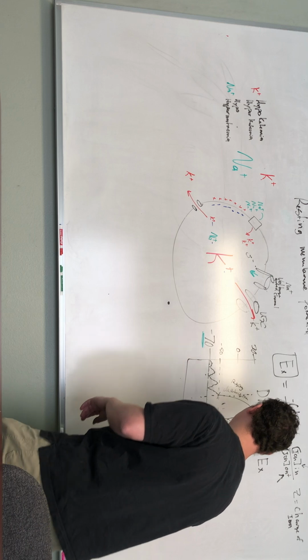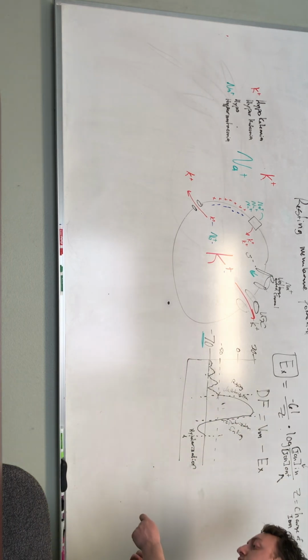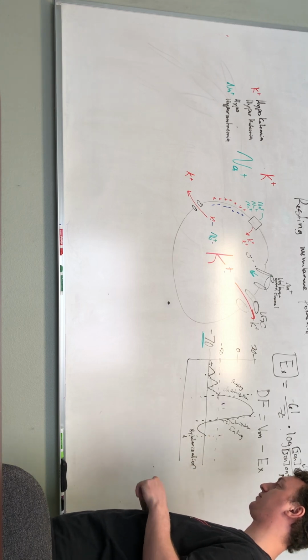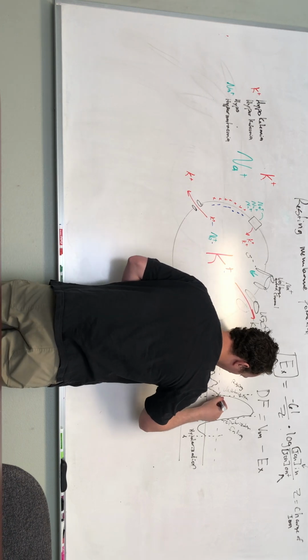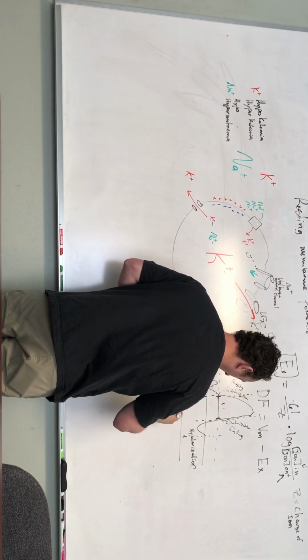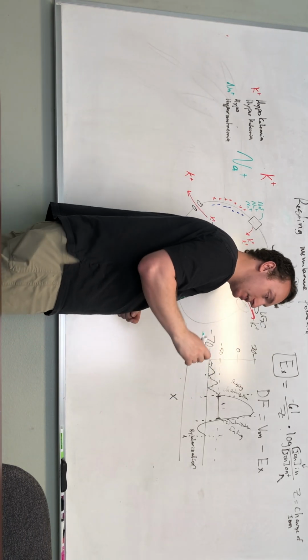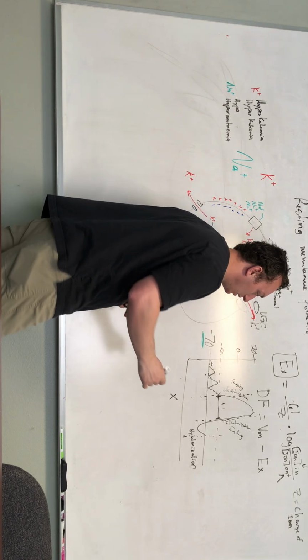And then after that, we've got a relative refractory period. Basically what this means is, in between this time, when your action potential is going on, you absolutely cannot have another action potential. No matter how much stimulus you put in, it's just not going to happen.